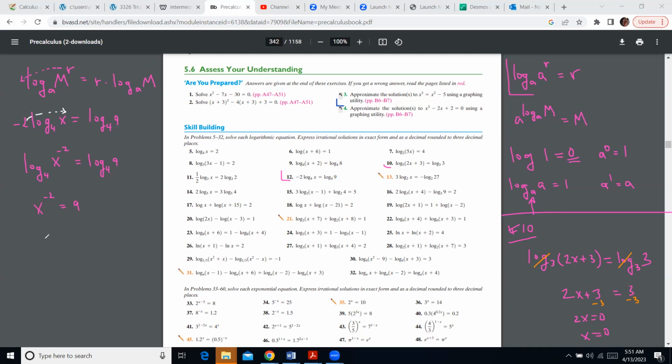Well, negative power is something that bothers me. I like positive power. x squared is 9. Or you can clear the denominator, so you can write that x squared on the right side and 1/9 on the other side. You say, how did you do that? Well, either proportion rule or you can multiply by x squared on both sides.